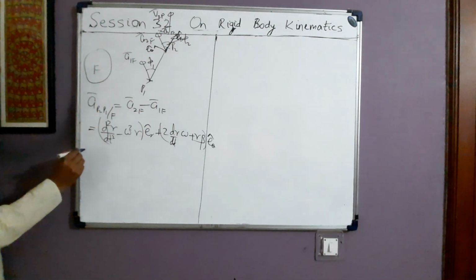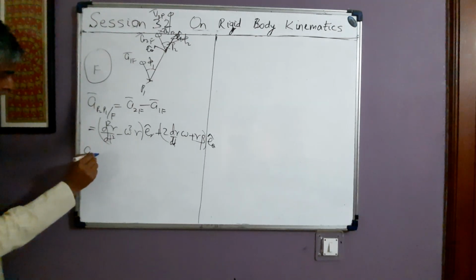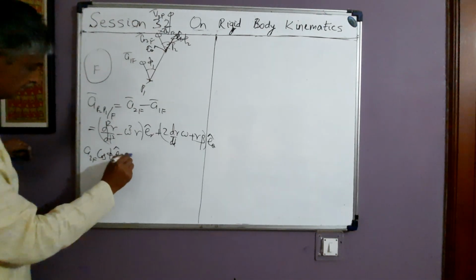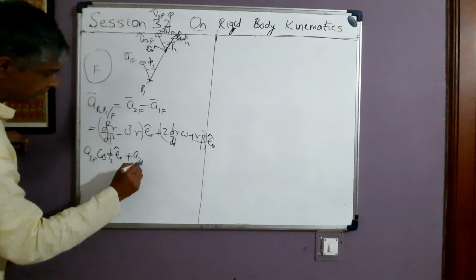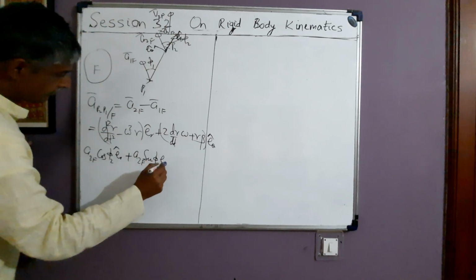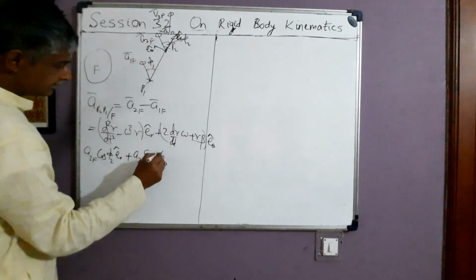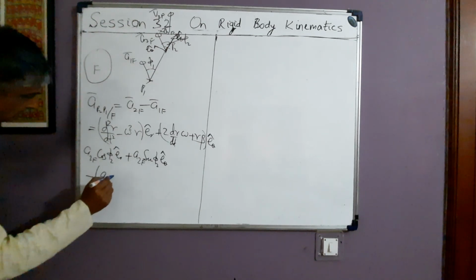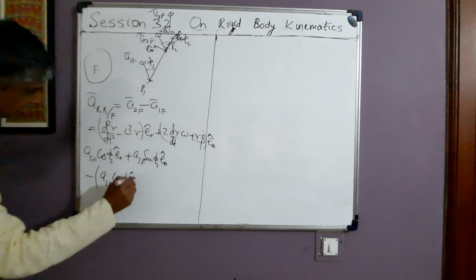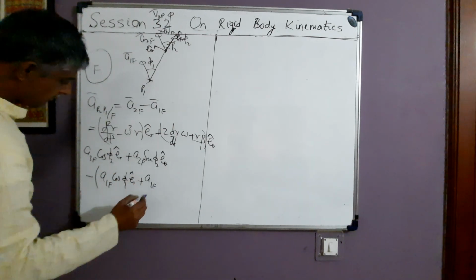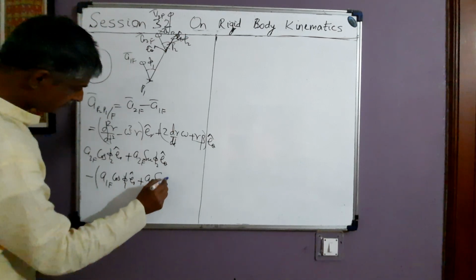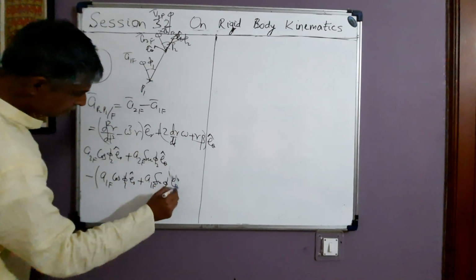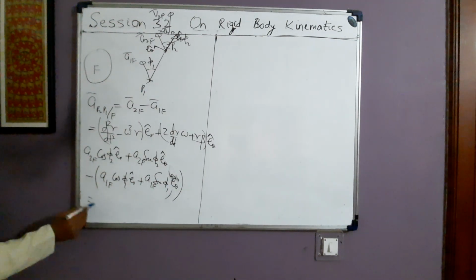So what to write for A2F? A2F will be equal to A2F cos phi 2 ER hat plus A2F sin phi 2 into E theta hat, minus A1F cos phi 1 ER hat plus A1F sin phi 1 into E theta hat, and that is equal to this term.